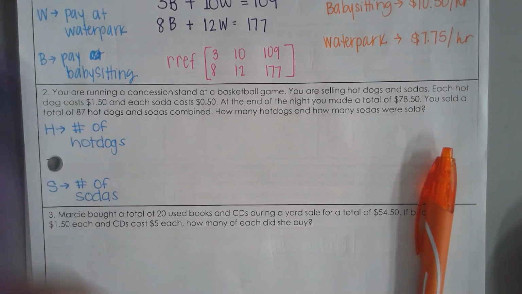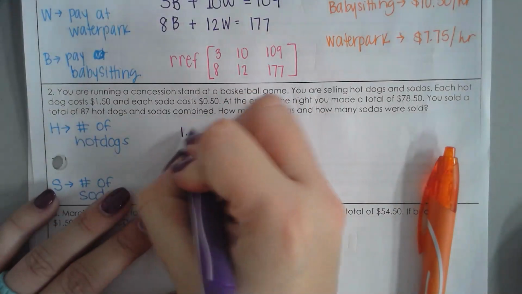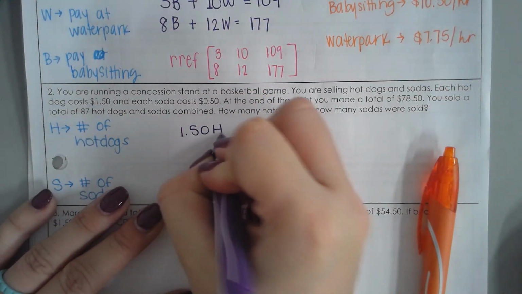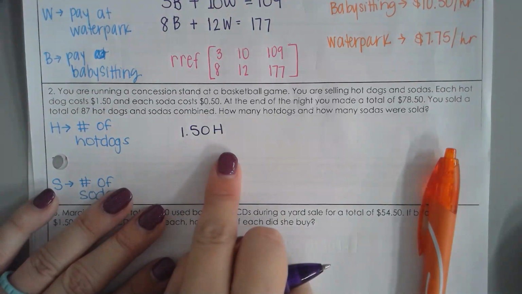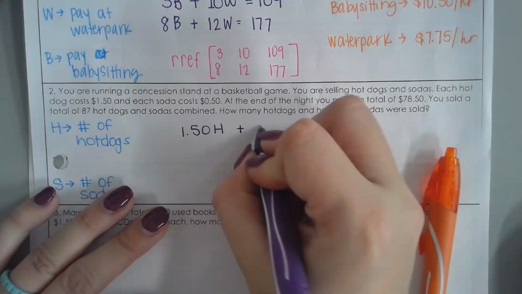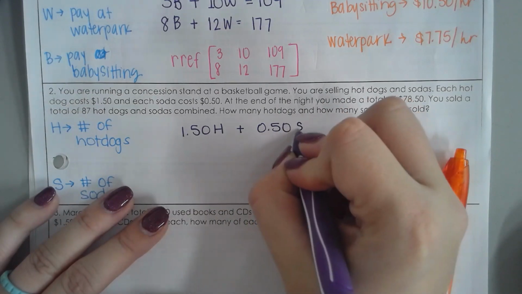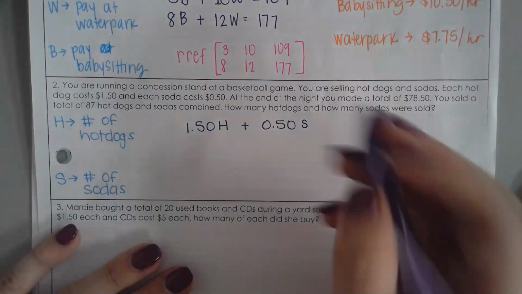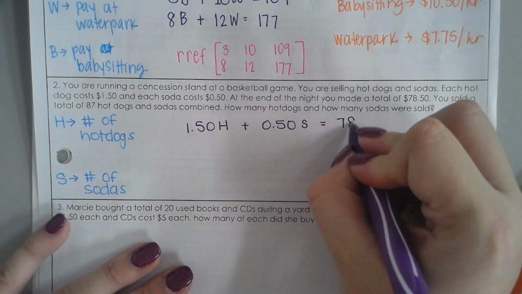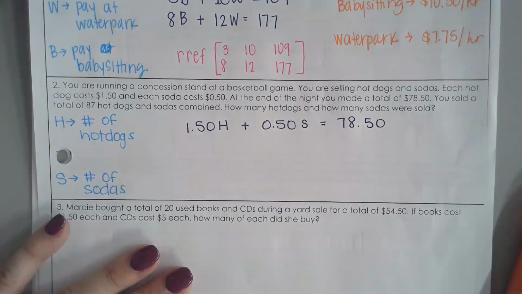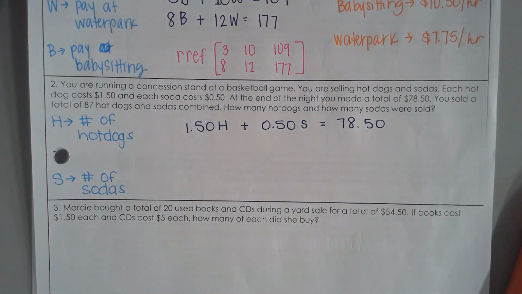So my equation, I've got the $1.50 times my number of hot dogs, so times H, plus the 50 cents times S, times my sodas. And that's going to total up to be $78.50. So you take the number of hot dogs times how much they cost a piece, and the number of sodas times how much they cost, and then add all that together, and you get $78.50.